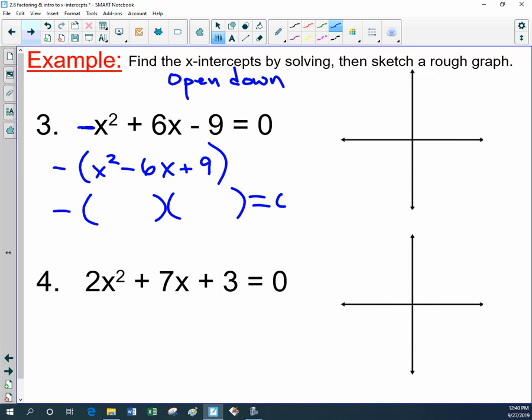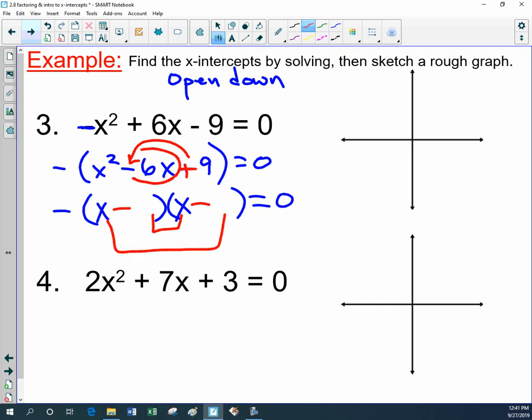Now factor. So we'd have x and x. The last term's positive, so I look at the middle term, and that tells me they're both negative. Okay, the mental math. What is going to give me this negative 6x? 1 and 9 or 3 and 3? 3 and 3. So I have x minus 3, x minus 3.